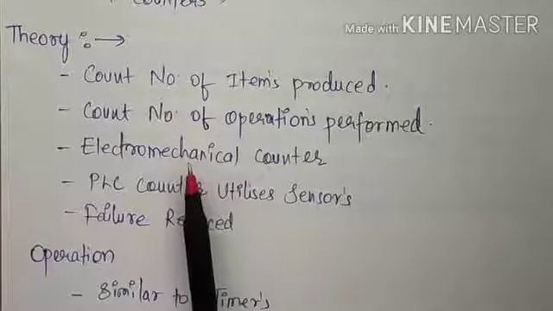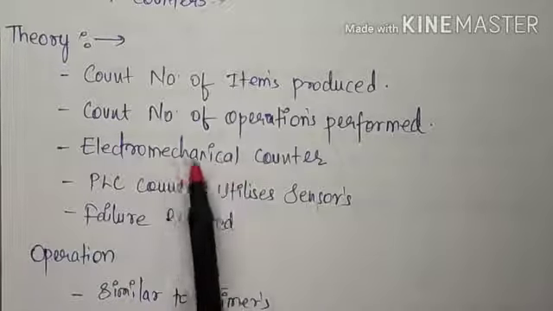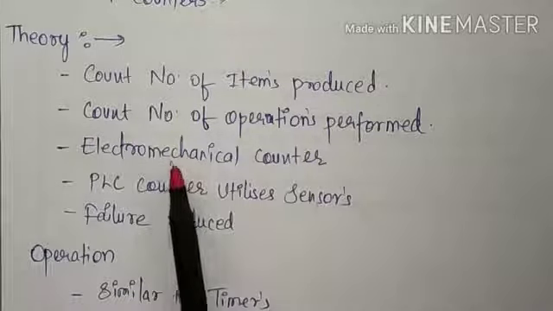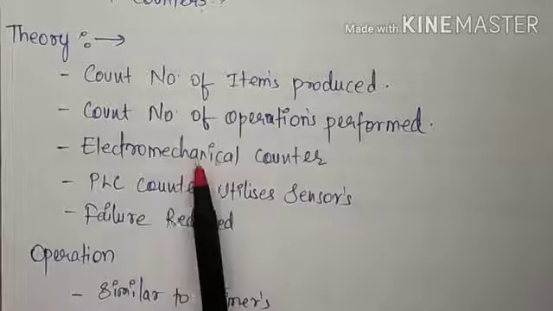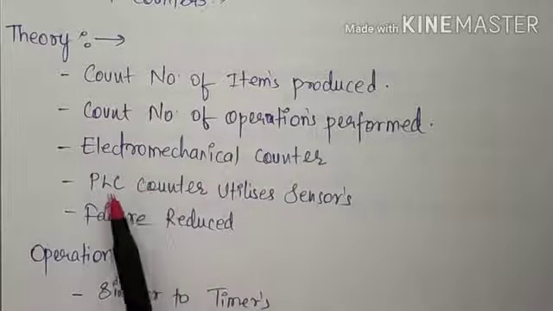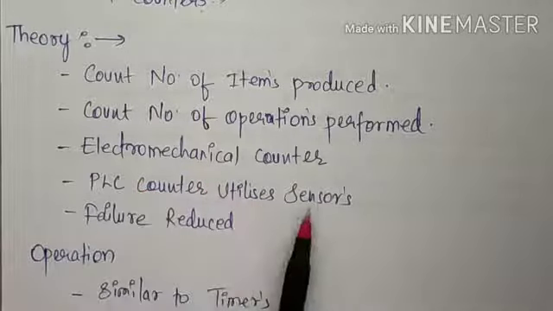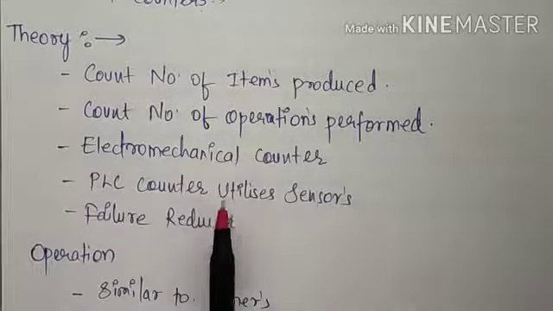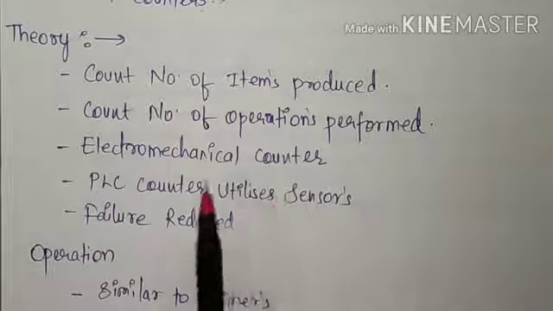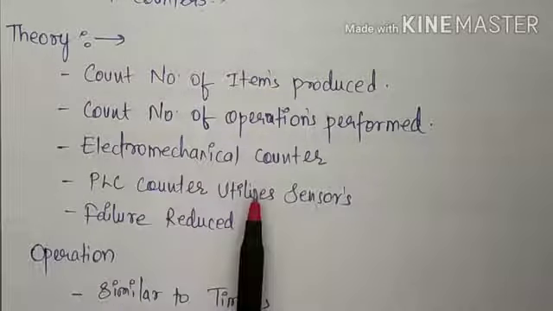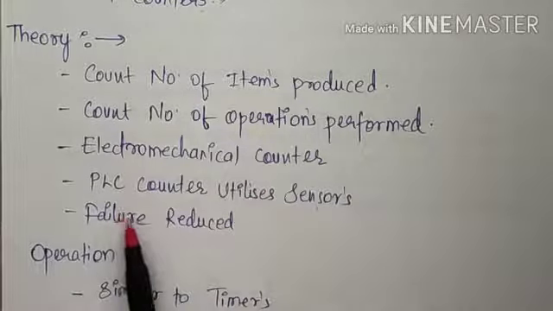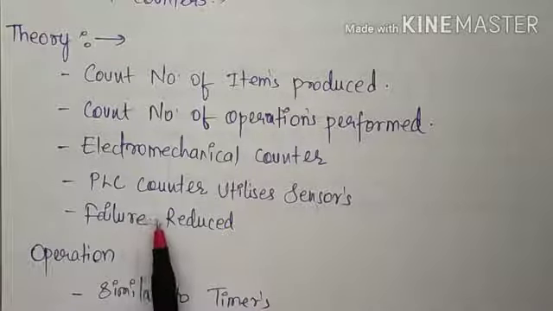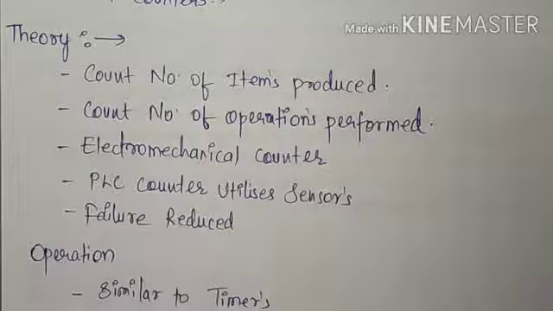So it is not preferable, and electromechanical counters are not used today. Its replacement is the PLC counter. In a PLC counter there are sensors connected, costly sensors which help to accurately measure any kind of reading, and because of this failures are greatly reduced.